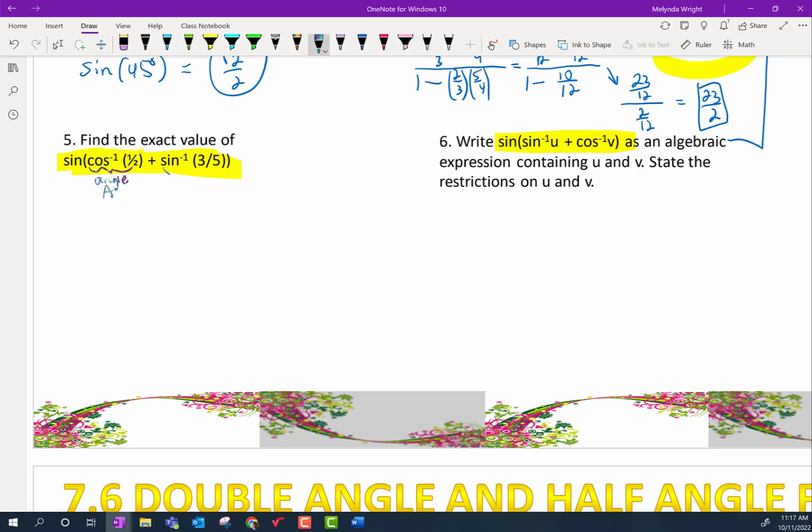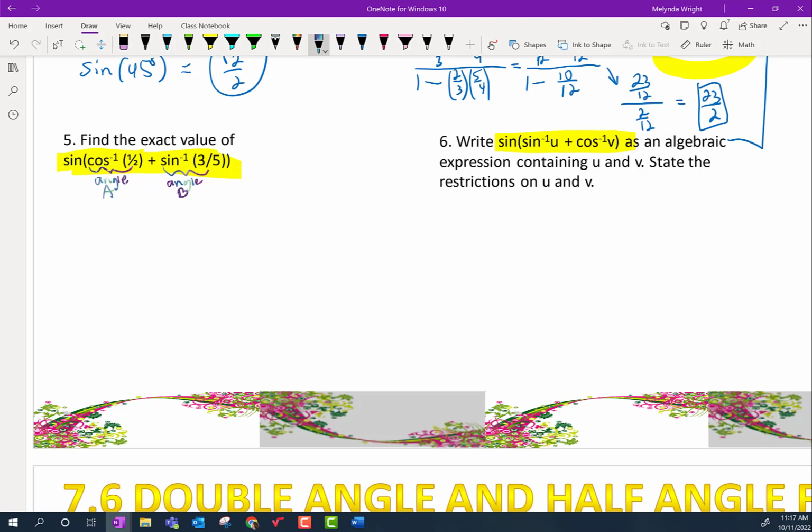And this one, I'm going to call angle B, because that also represents an angle. When we get to number 6, I'm going to do the same thing. I'm going to name them so that it's easier for us to work with.